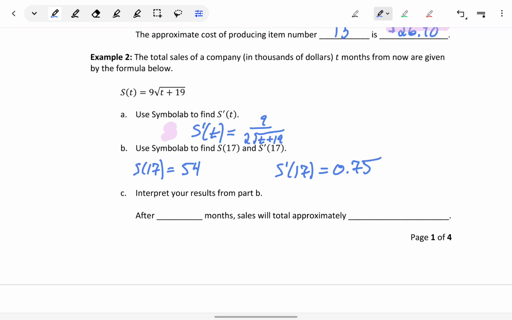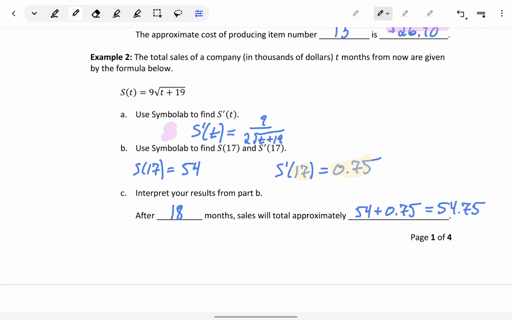What that's telling us is that after 18 months, because whenever we look at the derivative function, it tells us the value if our independent variable is increased by 1. So in this case, if t was increased by 1, from 17 to 18 months, sales will total approximately the sales we had after 17 months plus how much our sales would increase in that next month, to be 54.75.